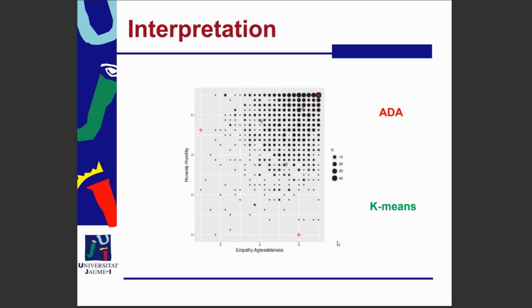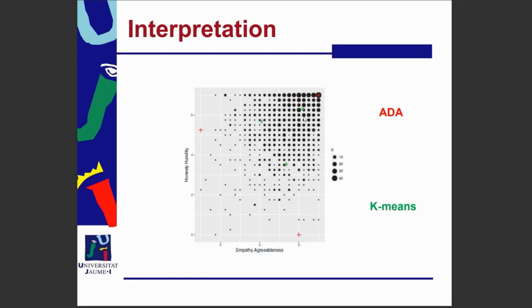If we apply archetypal analysis with K equal to 3, with 3 archetypes or archetypoids, we obtain this point here, a person with high honesty and high empathy, a person here with high honesty but low empathy, and a person here with high empathy but low honesty.